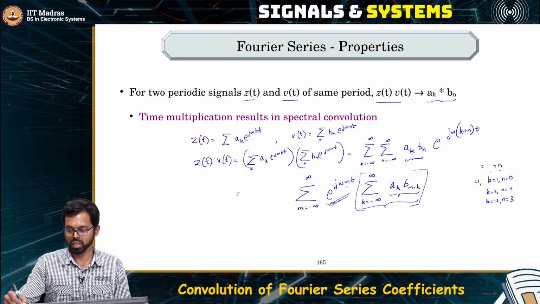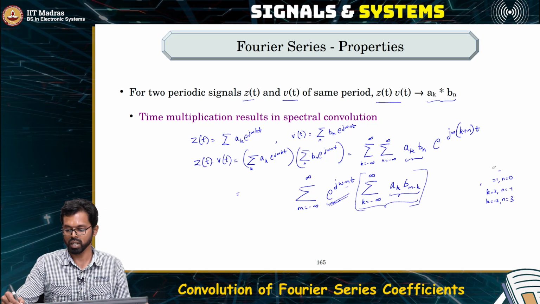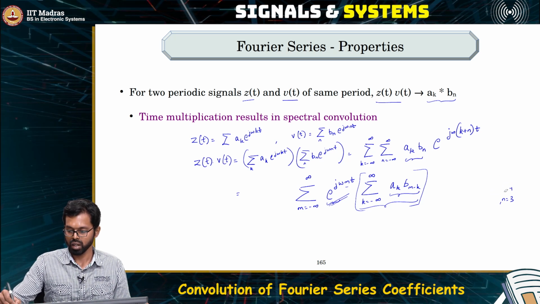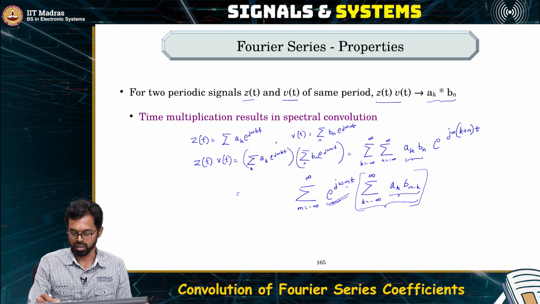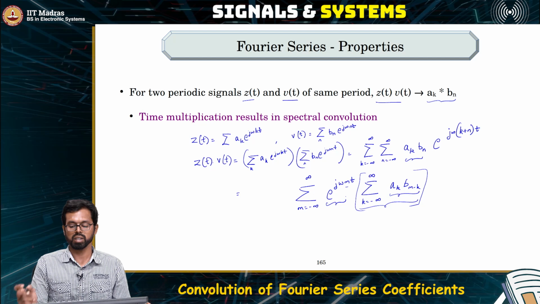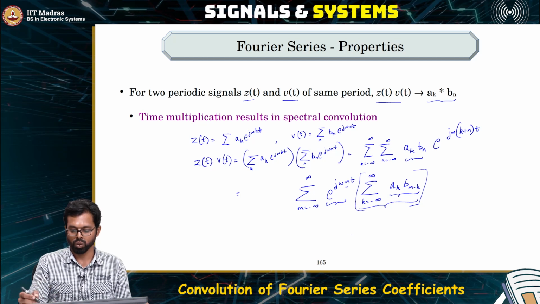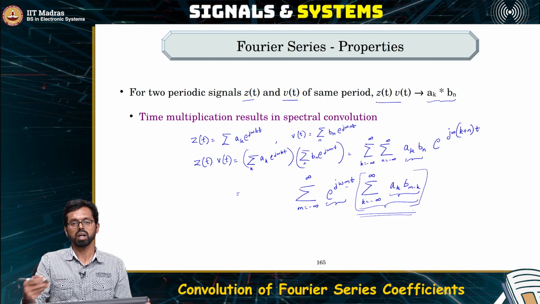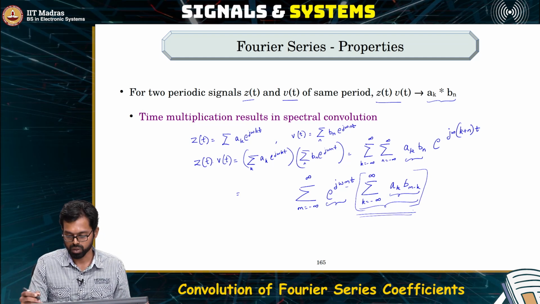So remember, what is Fourier series? Fourier series is simply decomposing a particular signal in terms of phasors, and we have the set of phasors here. So we need to find out the magnitude of this phasor. So for m equal to 1, you just put m equal to 1 in this term, and whatever value you get, that is the magnitude of that phasor.